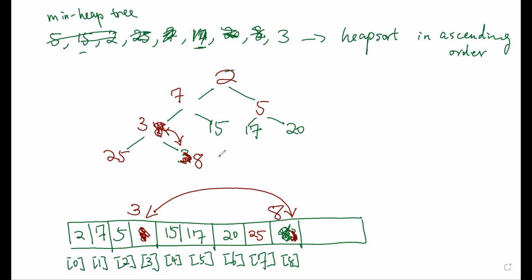Now you need to swap 7 and 3. Oh, yes, very good. So swap these two again. So 7 here, 3 here. So 3 should be moved here, then 7 should be moved down here.